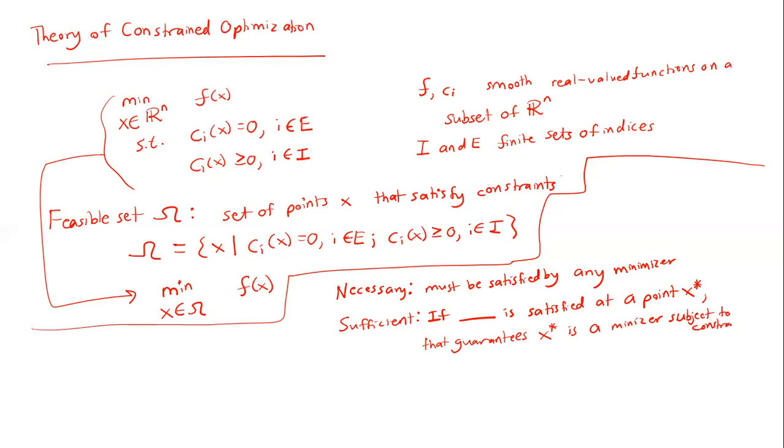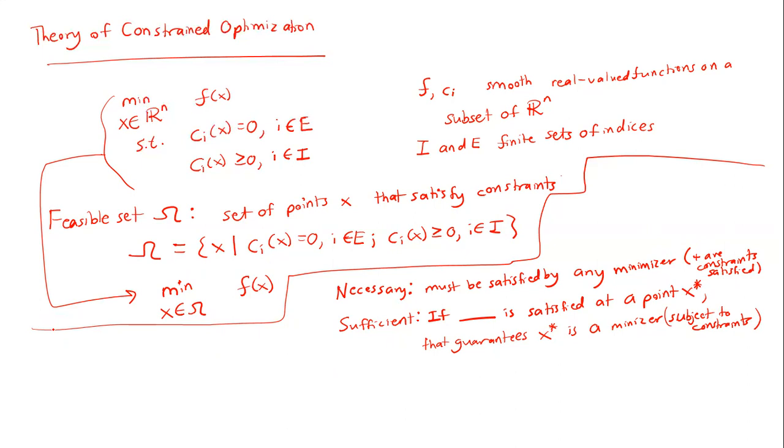And I should have written above too that the necessary conditions must be satisfied by any minimizer. We also care to some extent about whether constraints are satisfied. So we would like the necessary conditions and the sufficient conditions to tell us whether or not the constraints are also satisfied.